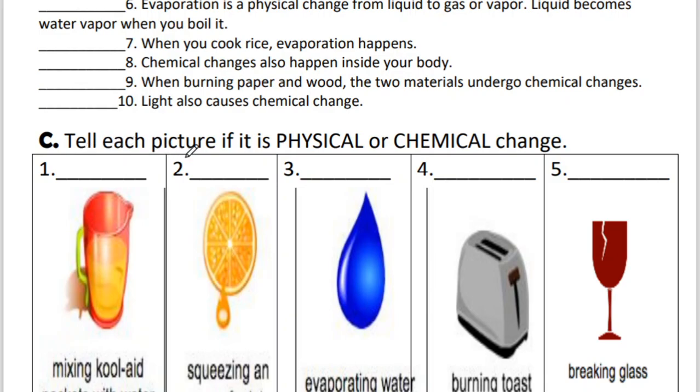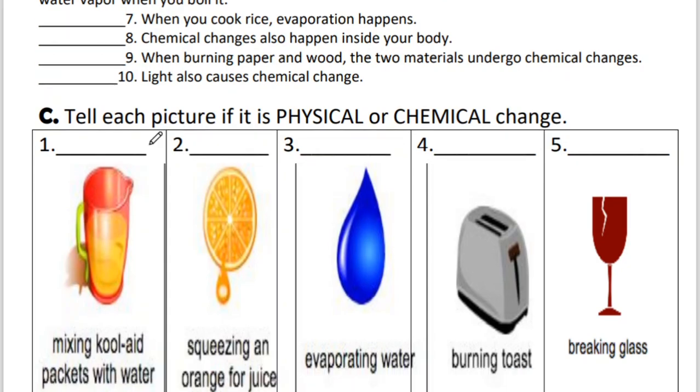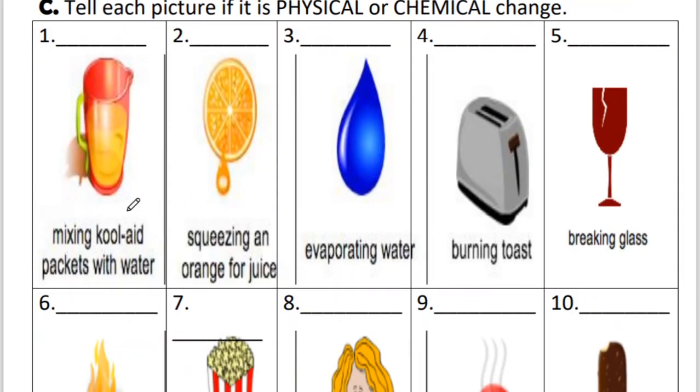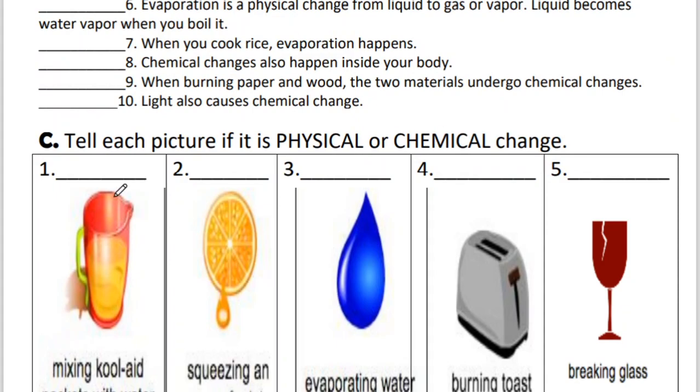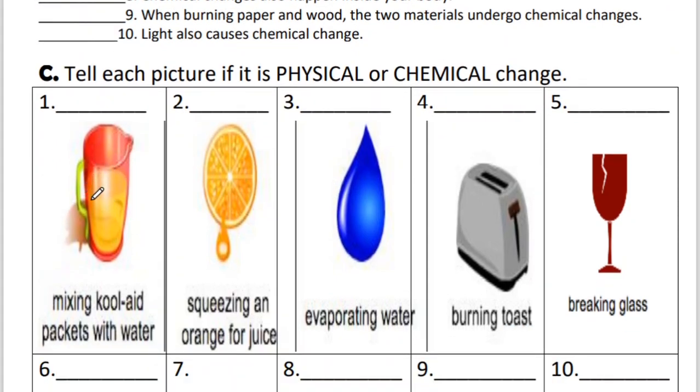Tell for each picture if it is physical or chemical change. Write your answer, physical or chemical, on the space provided. This is 1 up to 10. You're going to answer 1 up to 10 from the given pictures. For example, this is mixing Kool-Aid packets with water.